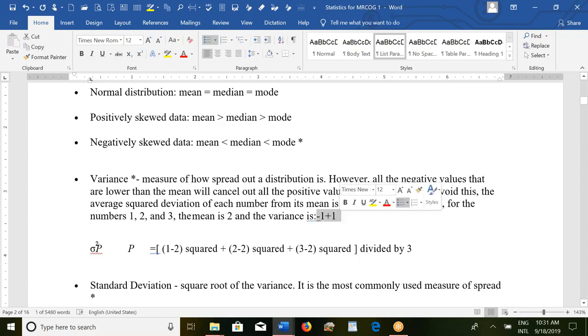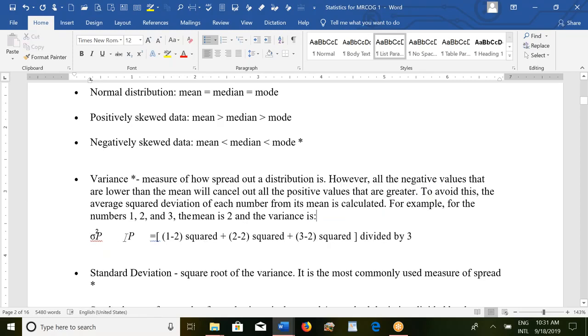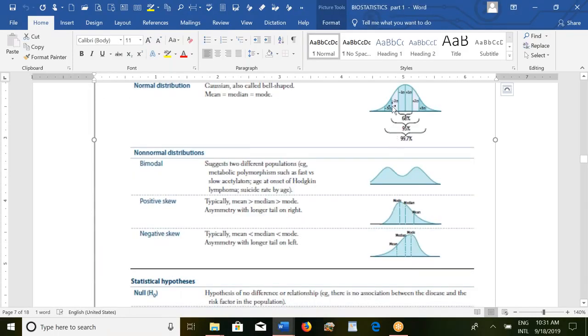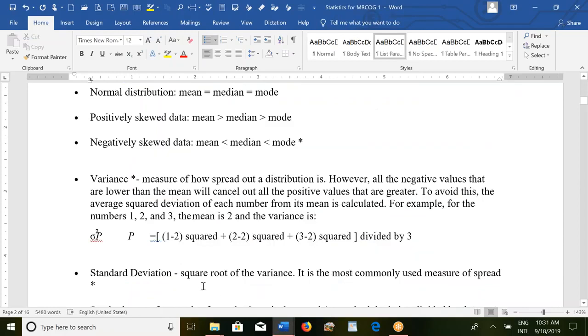So to avoid this, what we do is write down all the values and see the difference between each value and the mean. Then you take their differences, make a square of them, and add all the values.